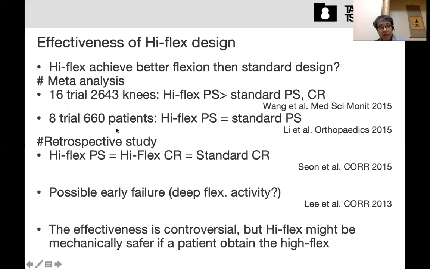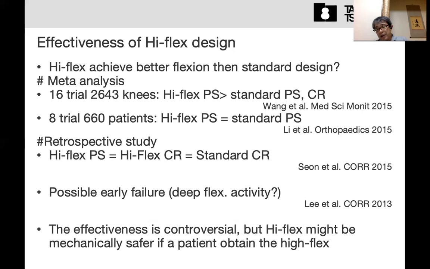This is a retrospective study that shows that for high flex PS, high flex CR and the standard CR, there was no difference among these three implants. But some surgeons are worried about the possibility of early failure.